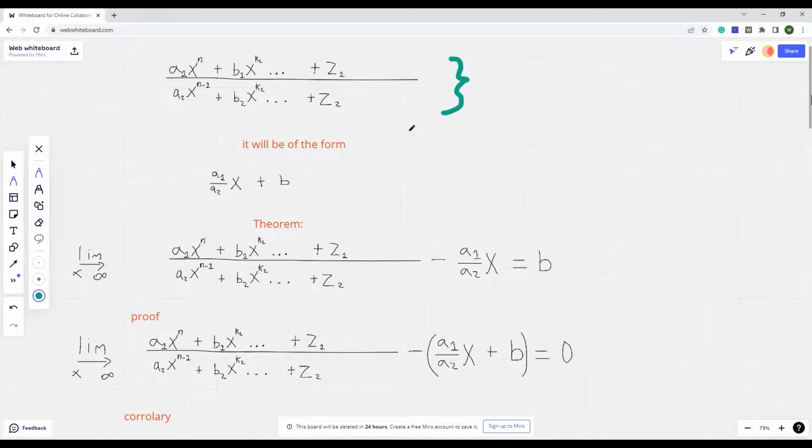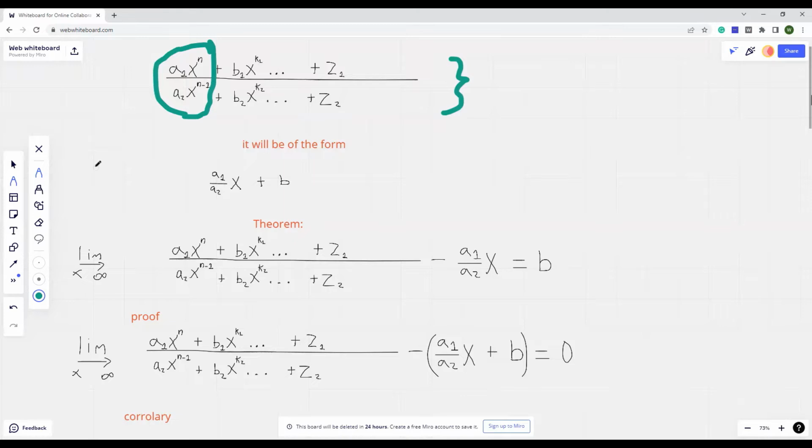What's dictating that you've got an oblique asymptote is that you have these two highest terms, in the numerator and denominator respectively, and one is n, the other is n minus 1, right?